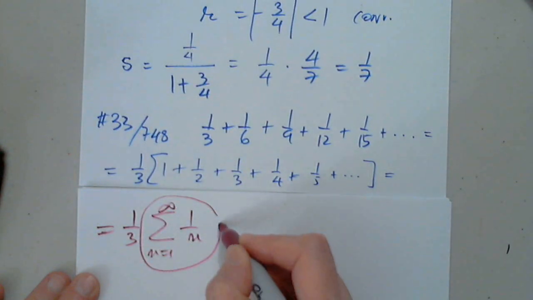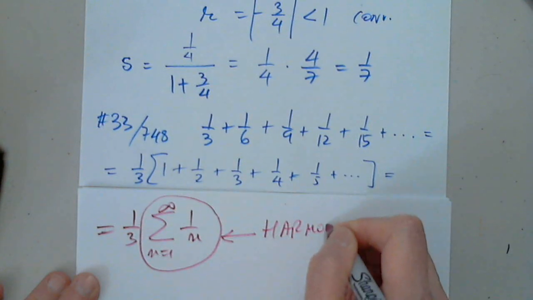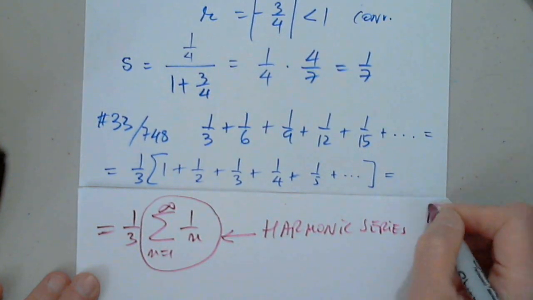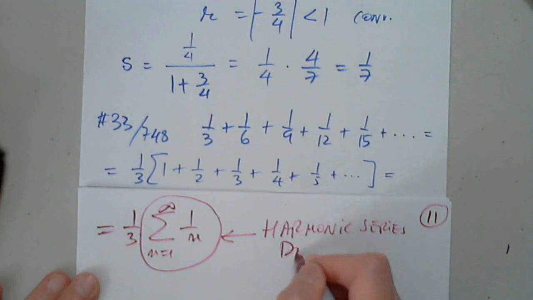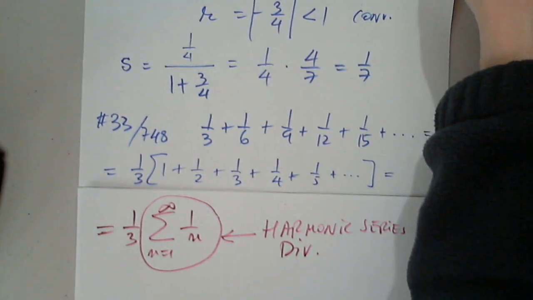We know that this is the harmonic series and this is divergent, and this is a multiple of the harmonic series, so obviously it is divergent as well.